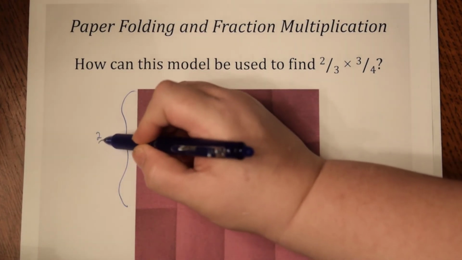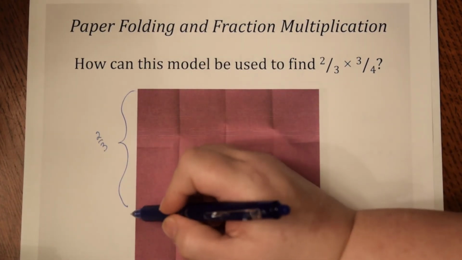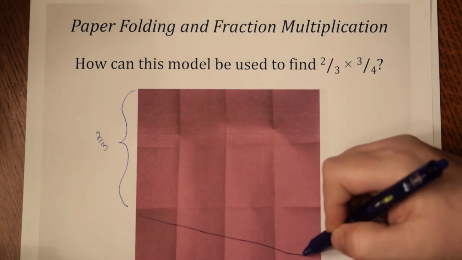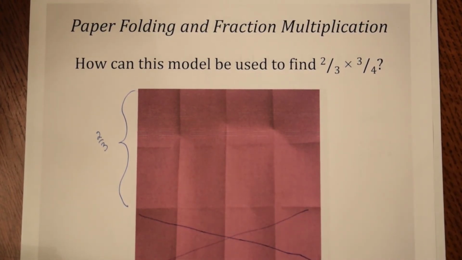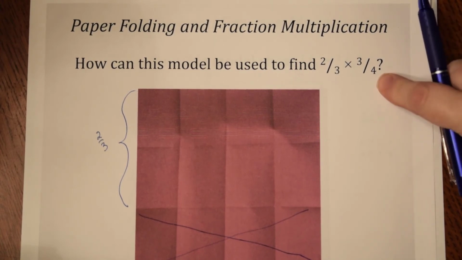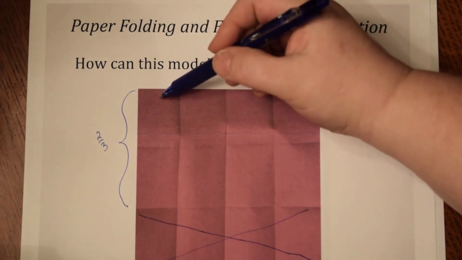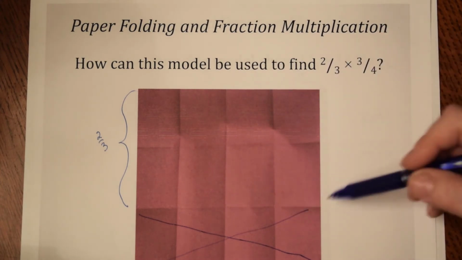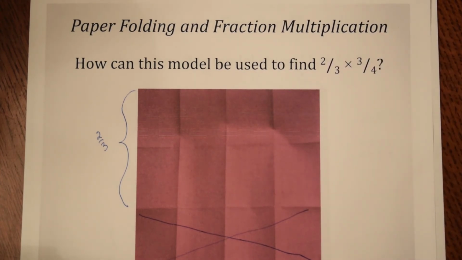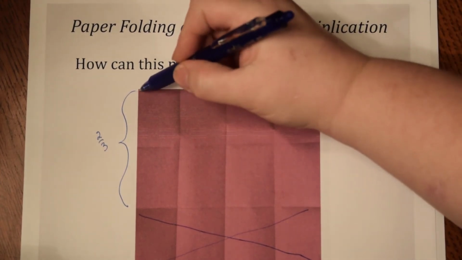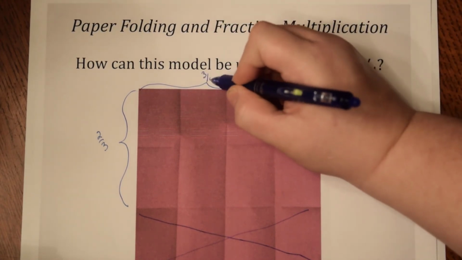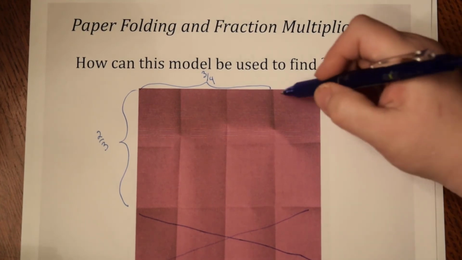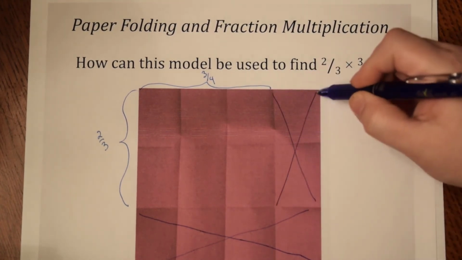So this would be 2/3, and this would be the 1/3 that we want to get rid of. And then 3/4. So we fold our paper into fourths vertically. And so 3 of these would be 3/4, and this is the 1/4 we want to get rid of.